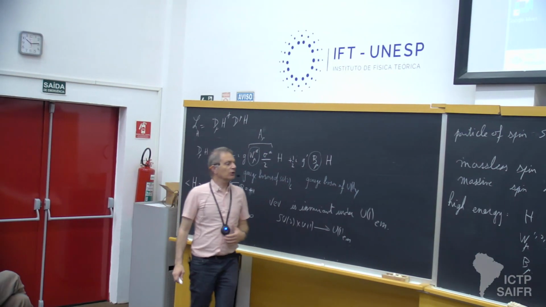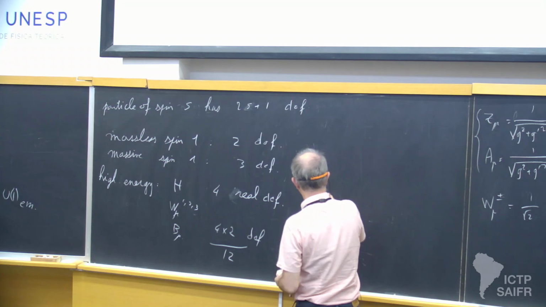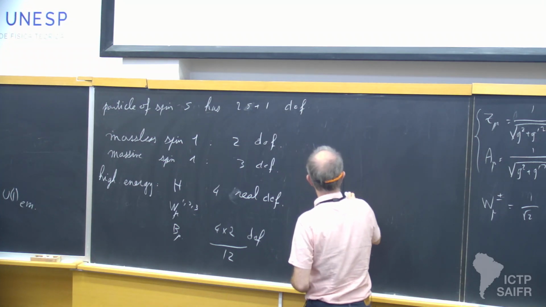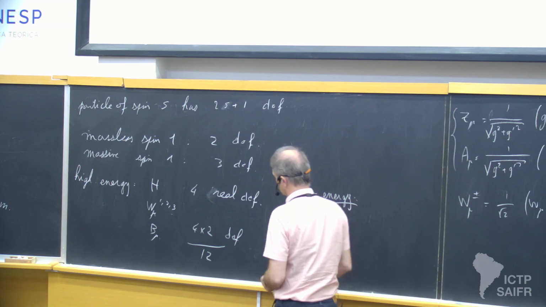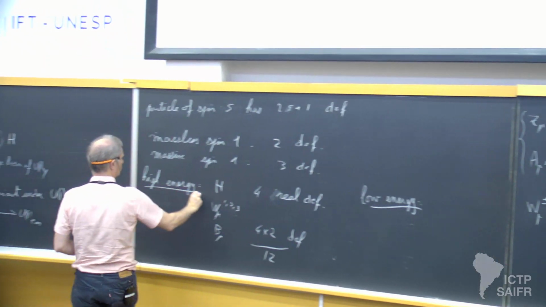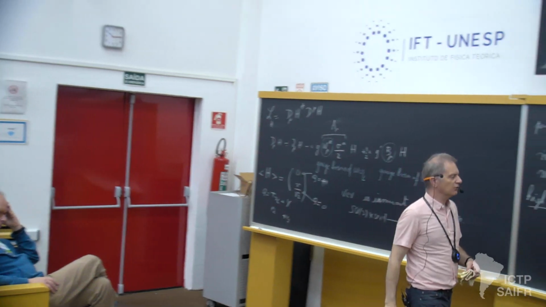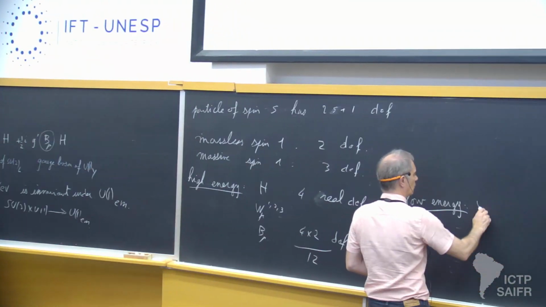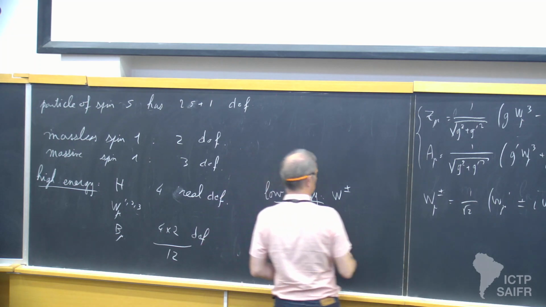Right? So now you want to do the counting at low energy. So low energy means after electroweak symmetry breaking. In this case, you have the W plus and W minus that are now massive, massive spin 1.